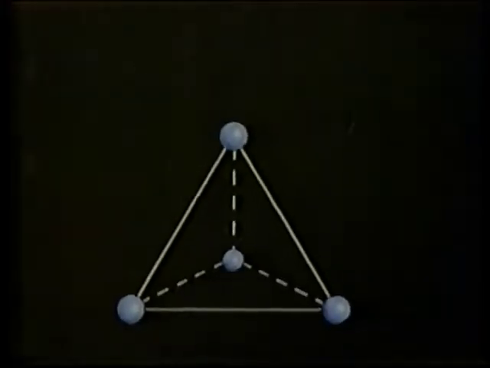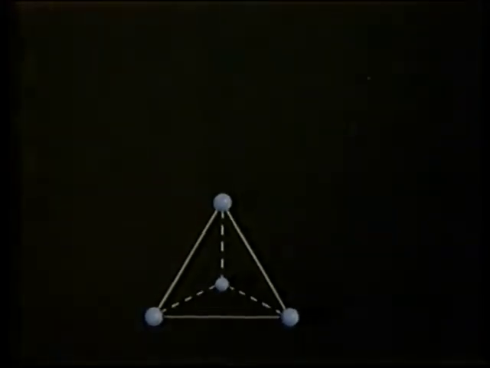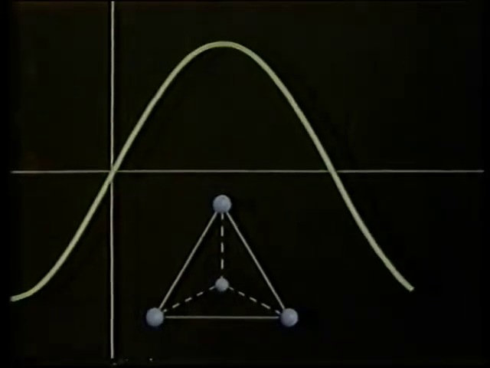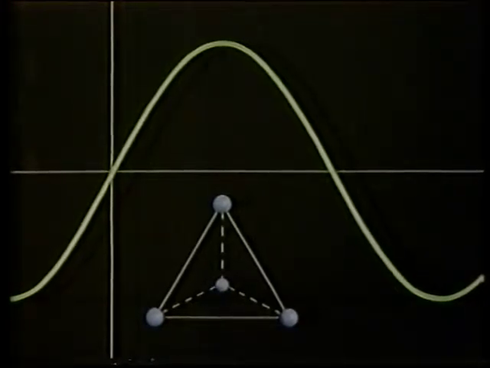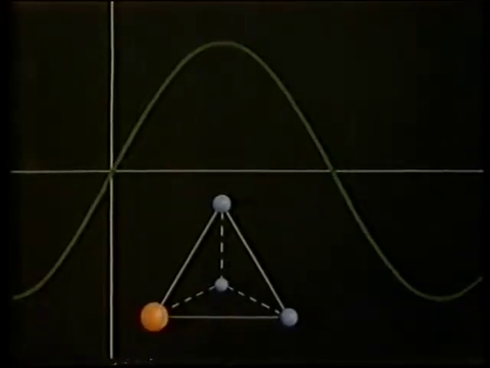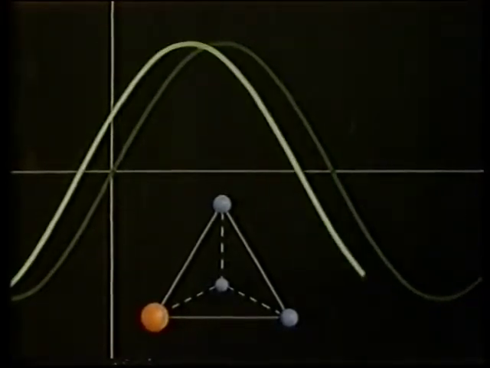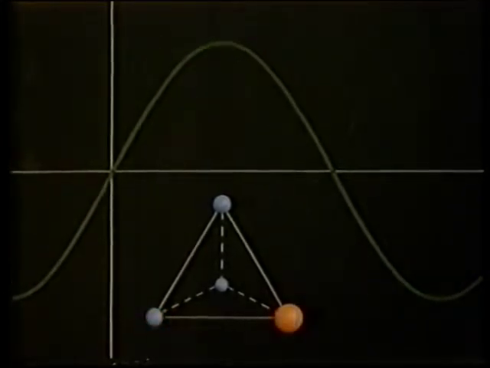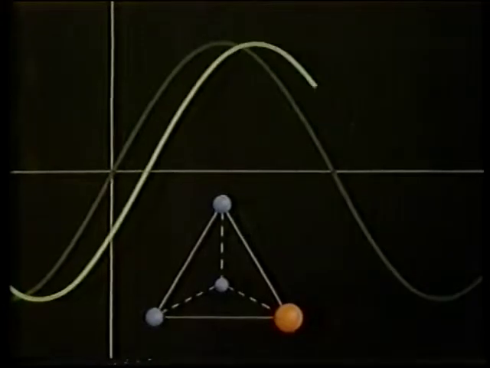Let's see how it works in theory. Suppose we know the protein structure, which we represent here as a set of 4 atoms. The scattering relative to the origin is at a maximum in the neighborhood of these 4 atoms. If we add a heavy atom here, the phase is displaced to the left. And if we add a heavy atom here, the phase is displaced to the right.